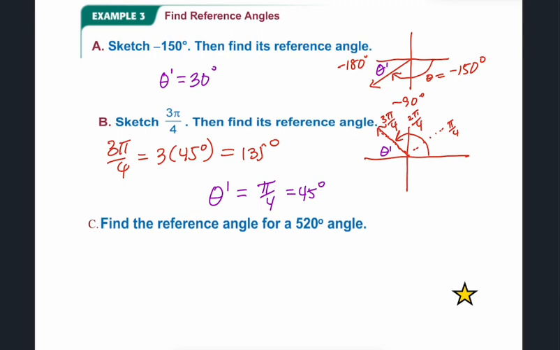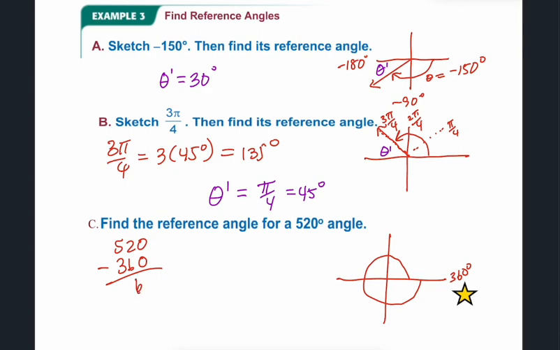Let's take a look at our last one here, 520. If I go one loop around, I get to 360. One rotation is 360 degrees. I hope you know that. So 520, if I subtract off 360, I have 160 more degrees to go. So remember, this is 90, this is 180.